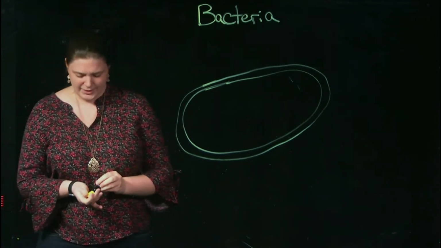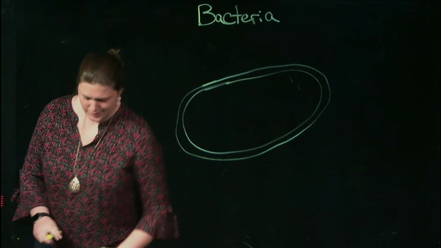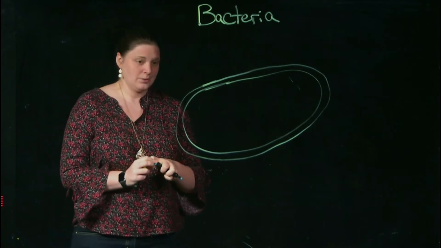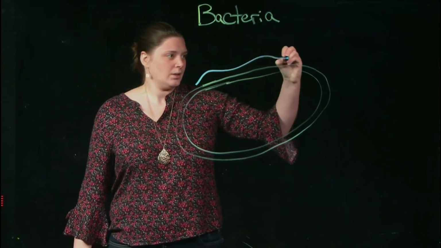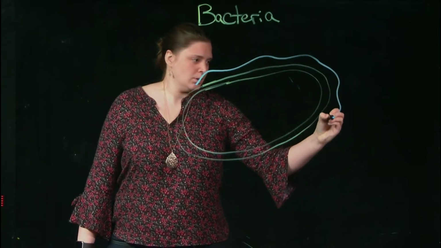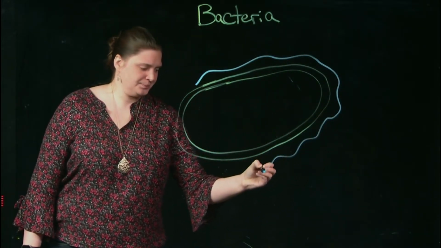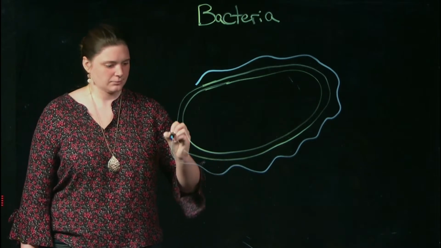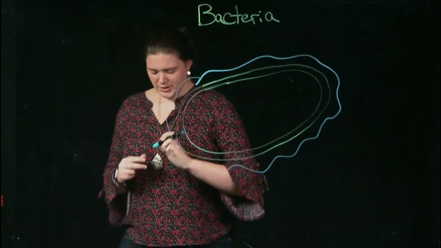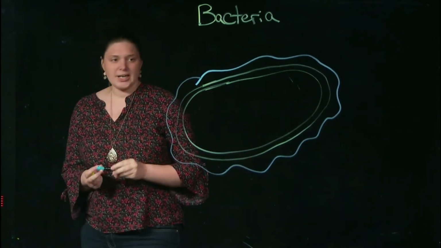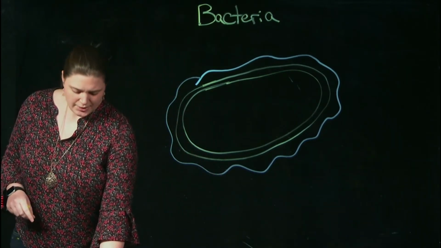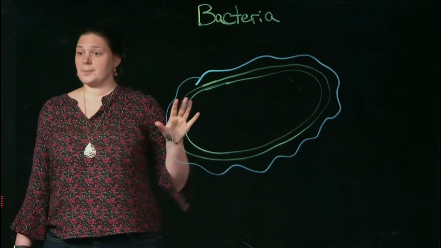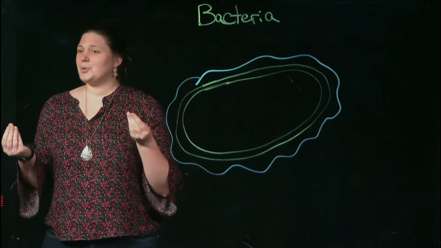The next layer, which I'm going to switch up just so that it's not all the same color. Some people will call this the capsule. But this is known as the EPS, or the extracellular polysaccharide. So this extracellular polysaccharide is going to be gooey, all right?